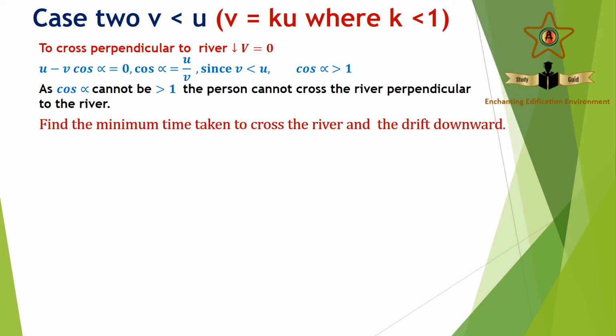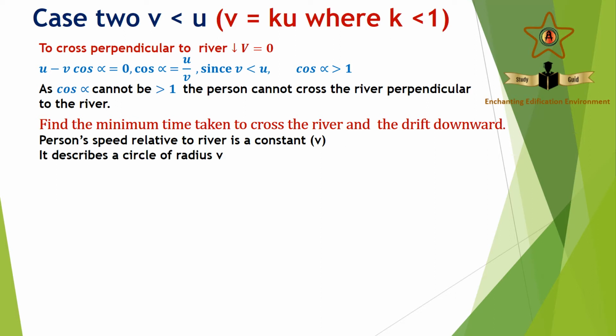Right. Now we want to find the minimum time taken to cross the river and the drift downward. The person's speed relative to the river is a constant. It describes a circle of radius v. Now we can draw this as in the diagram given.